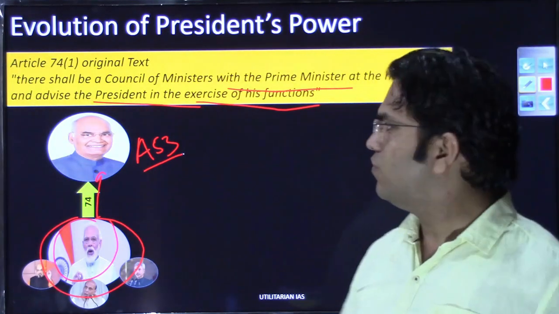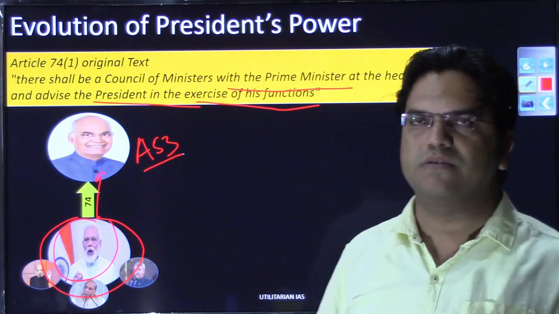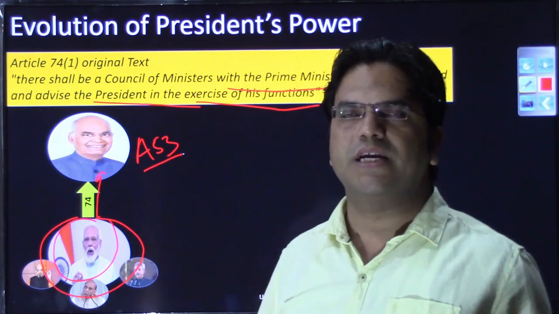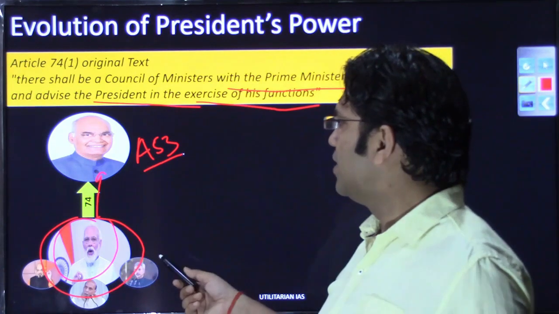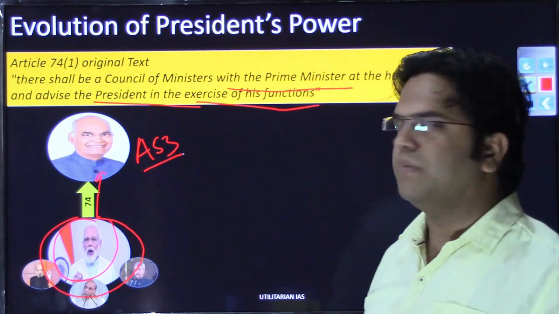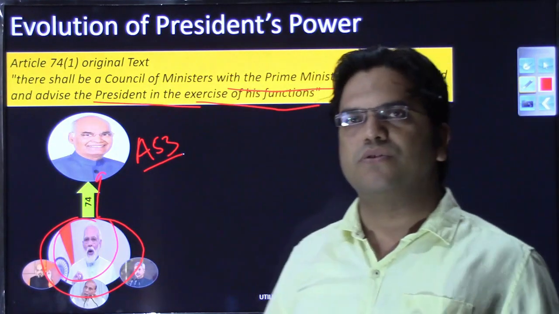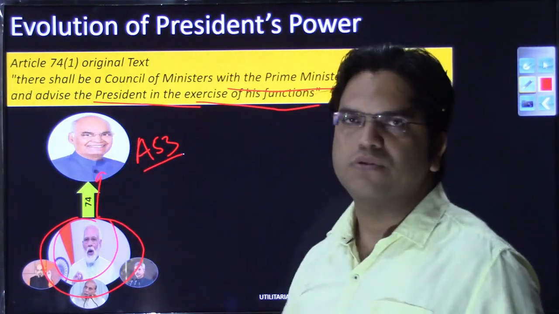If you know, the oath that the president takes, and we'll discuss this oath, is to protect and maintain the Indian Constitution. So a school of thought emerged saying that because he has a duty to protect the Indian Constitution, he is the defender of the Indian Constitution.